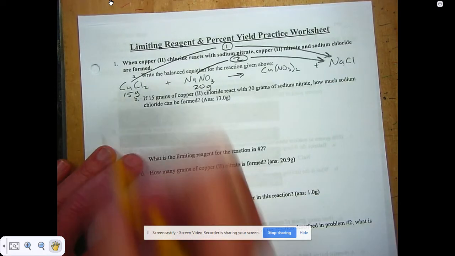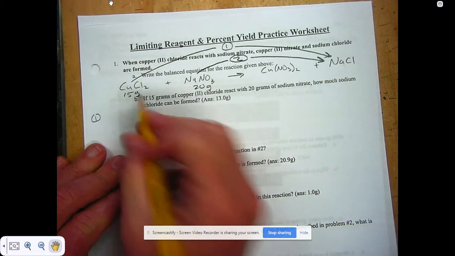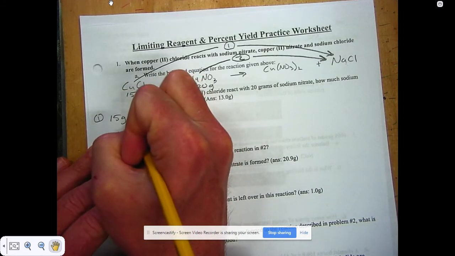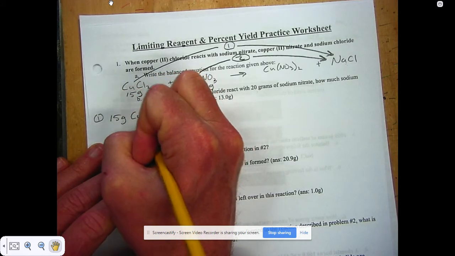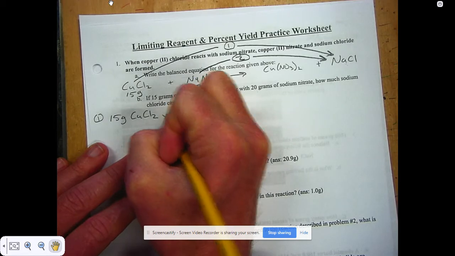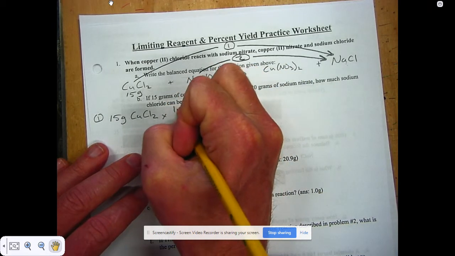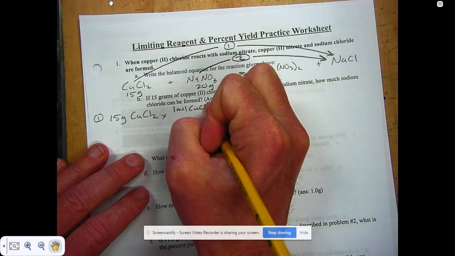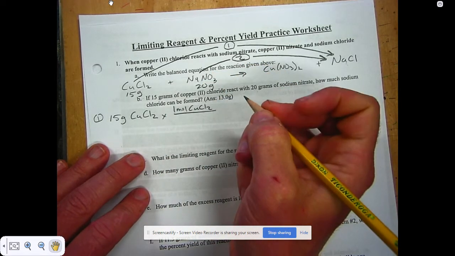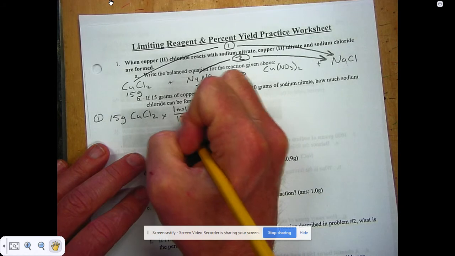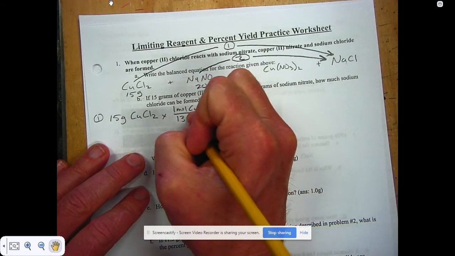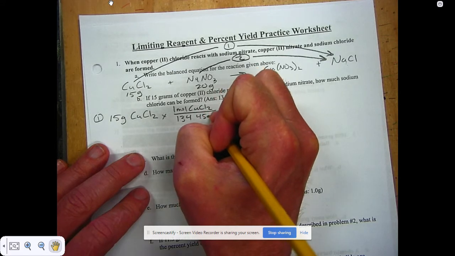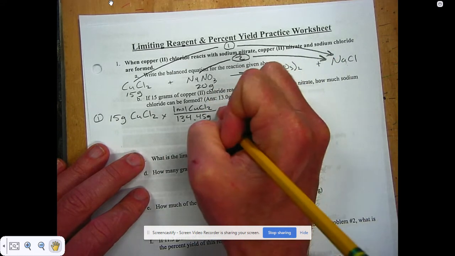So first, we're going to start with 15 grams of copper 2 chloride. And we're going to multiply that by 1 mole of copper 2 chloride over the molar mass of copper 2 chloride, which is 134.45 grams, according to my periodic table.